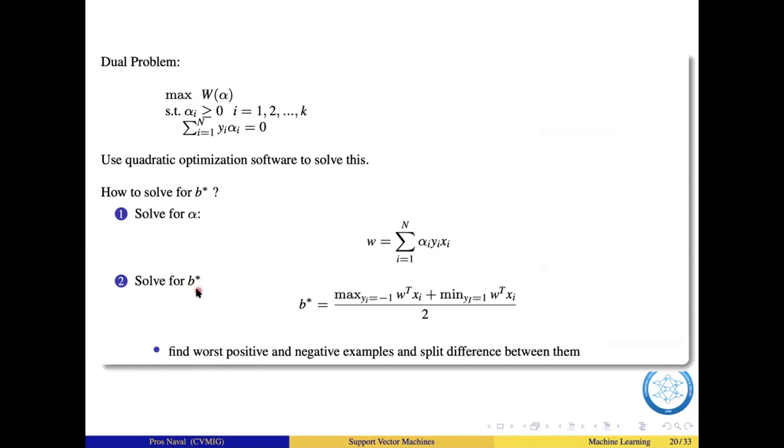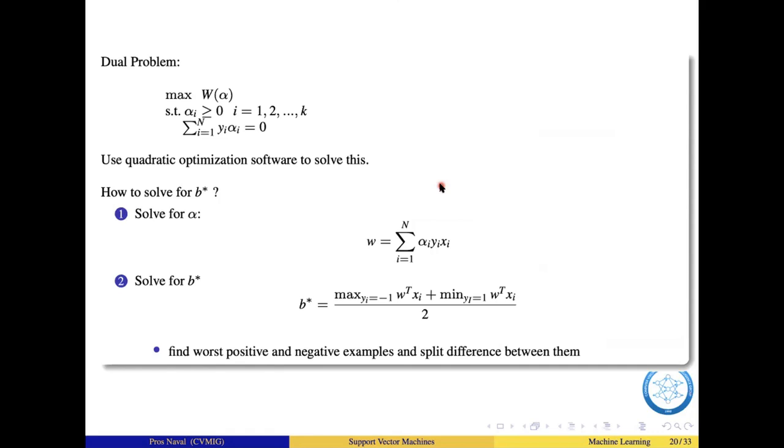Then we solve for the optimal bias value, according to this equation, where we're trying to find the worst positive and negative examples and split the difference between them. So that way we can get b star. Okay, so we now have the optimal value of W and b star, which will define our optimal separating hyperplane. That's it.